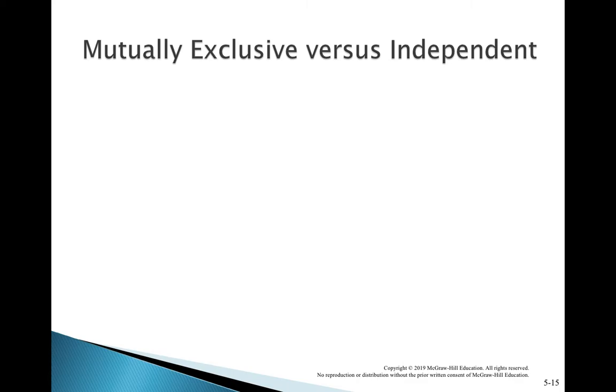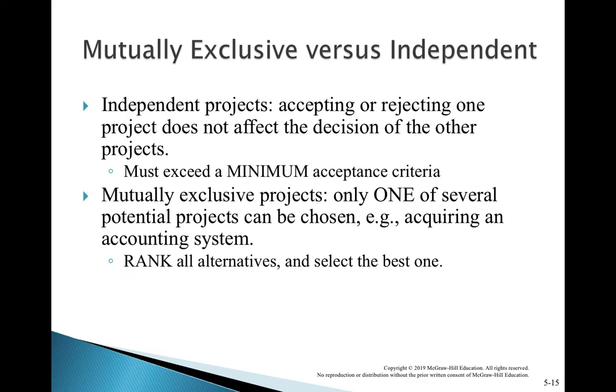But if they are mutually exclusive, if you accept A, B will be rejected, and if you accept B, A will be rejected. Mutually exclusive means when one project is accepted, the other projects are automatically rejected. Independent projects means maybe all projects are accepted, or maybe all are rejected.